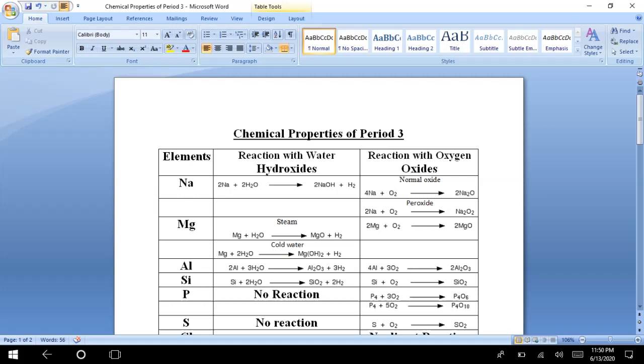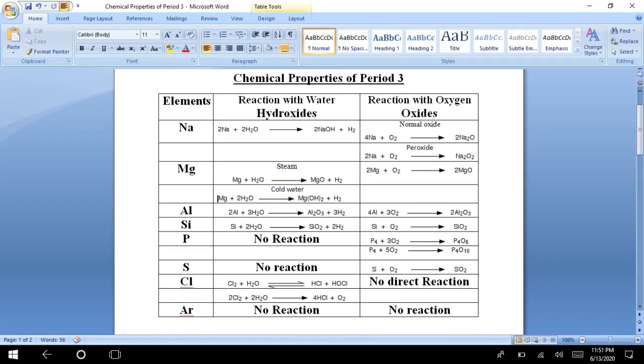Then we have chlorine, and when chlorine reacts with water, it forms HCl along with hypochlorous acid, and sometimes this hypochlorous acid also decomposes to give HCl and oxygen molecules. Next we have argon.